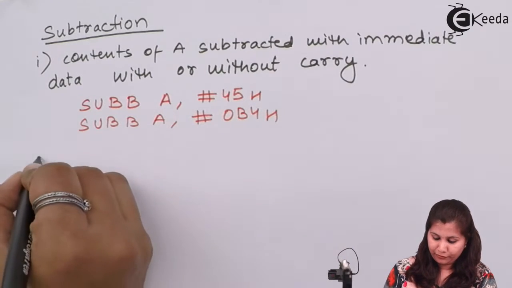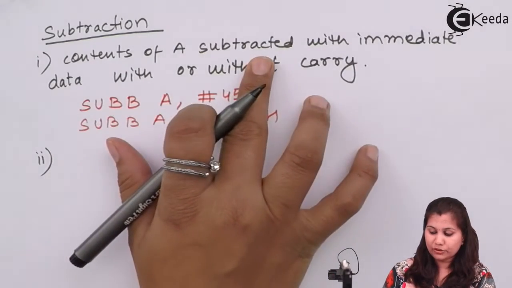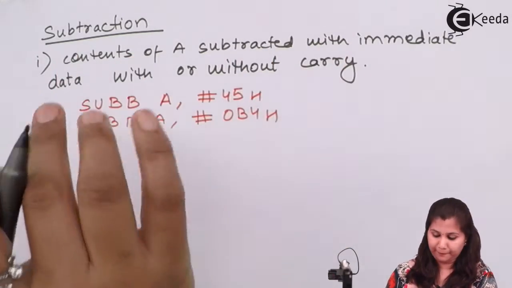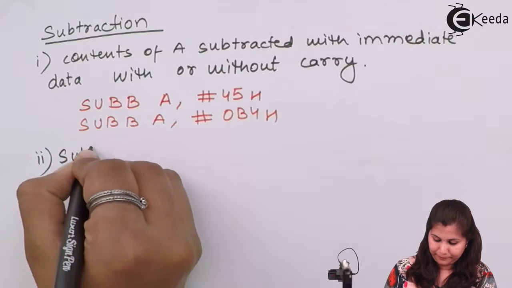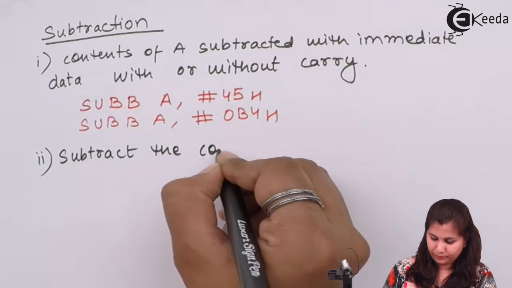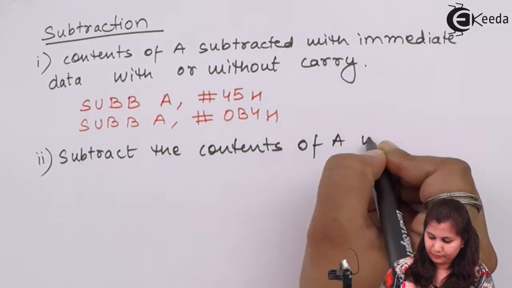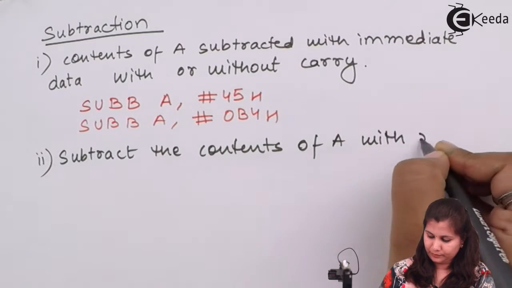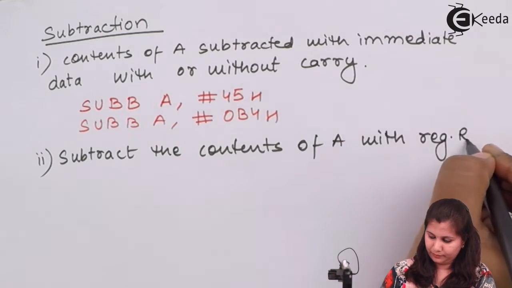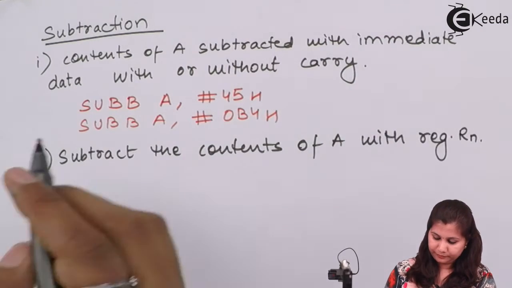Second type is when we are subtracting the contents of A with the register. Here also with or without carry we can use.